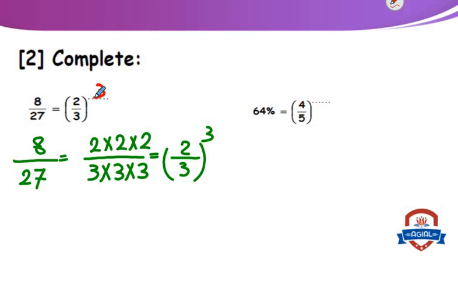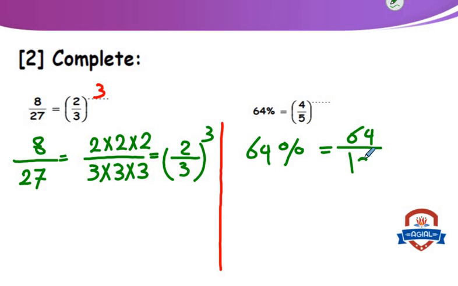Understand? 64%, very, very important. 64% equals 64 over 100. In the simplest form, it equals 16 over 25.